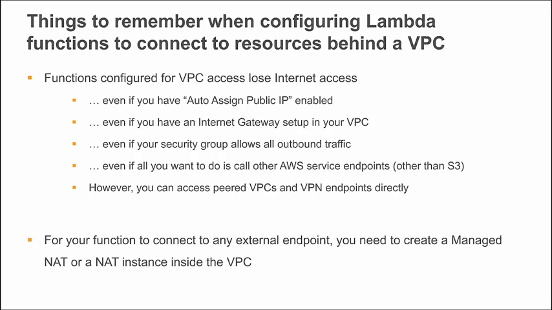For anything which you need to connect to an external endpoint, the only way you will be able to connect to those public endpoints is to create a managed NAT or a NAT instance inside that VPC, put that instance in a public subnet, and then configure your route tables to connect those private subnets to the managed NAT. That's the only way in which you will be able to get public internet access to your functions.